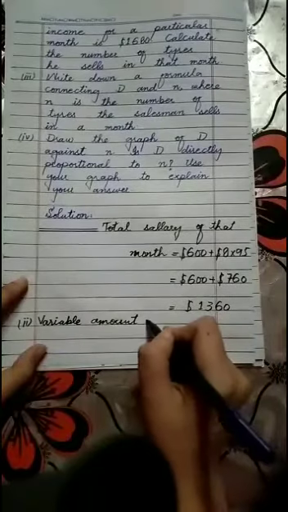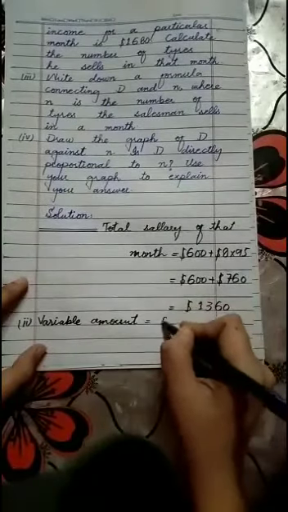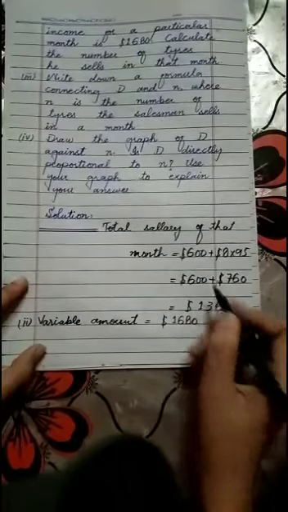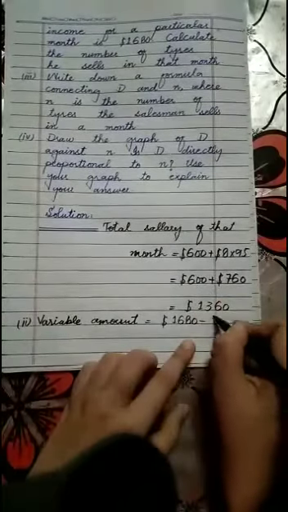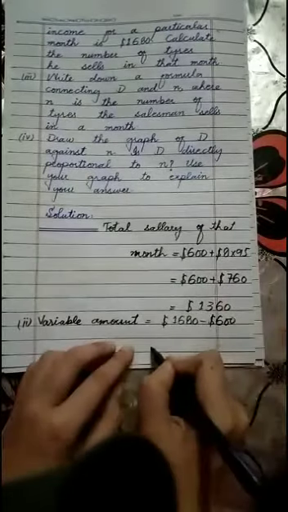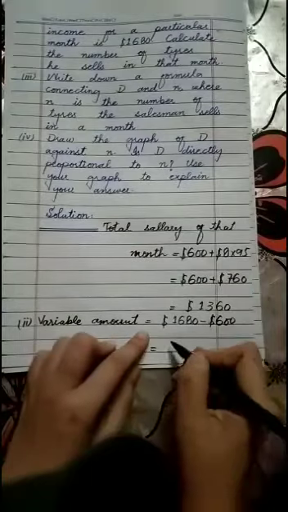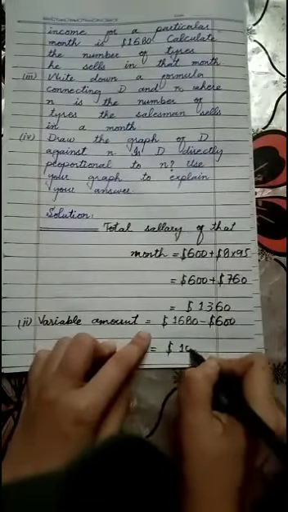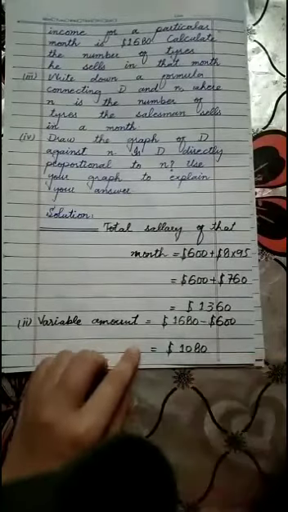The variable amount is equal to 1680, as it is extra, minus his gross salary. We will check how much he got extra. After subtracting, we got $1,080. So he got $1,080 extra in that month, except for his gross salary or fixed salary.